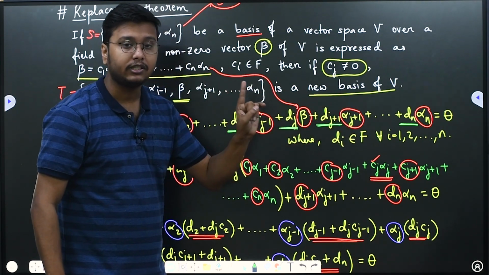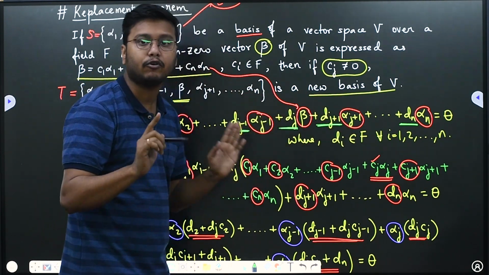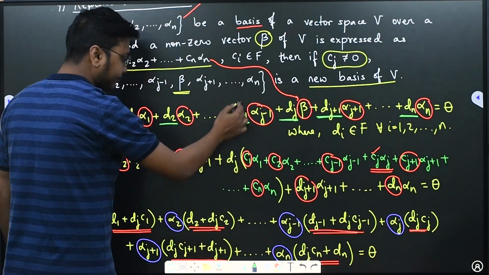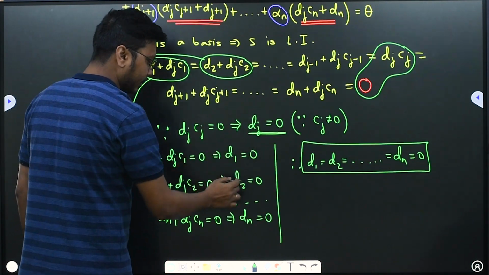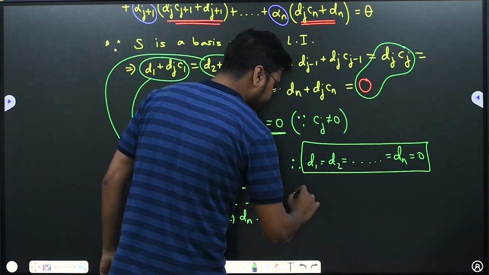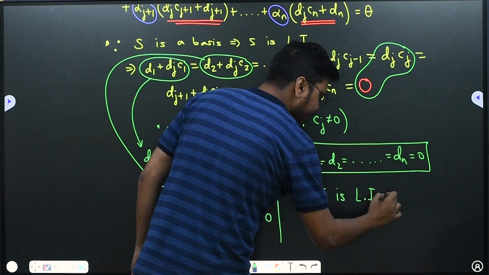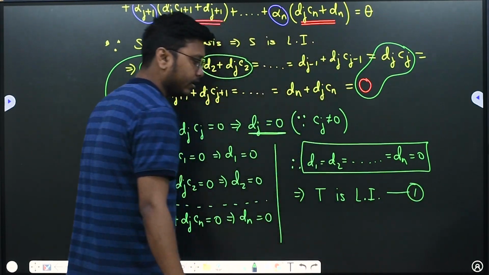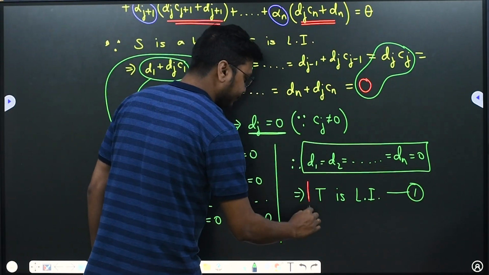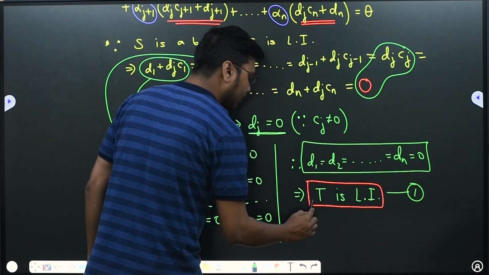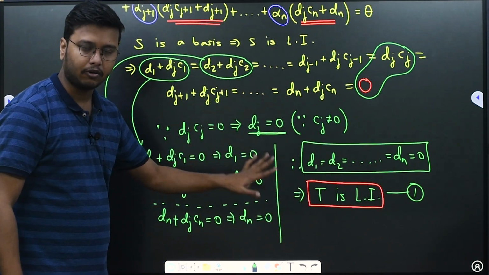So we had to show T is linearly independent, and we have got it just now. I'll mention over here that this implies T is linearly independent, and let me call this number 1. So this is one of the criteria of basis that we have already got.